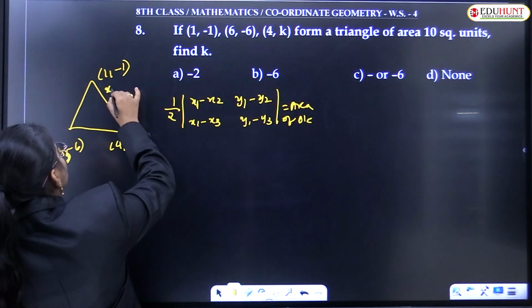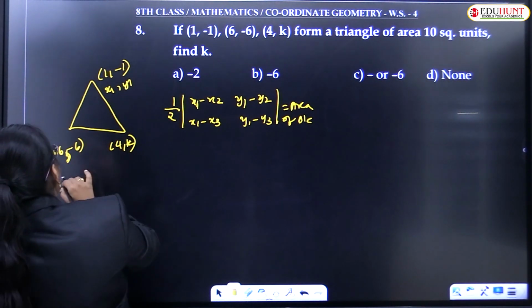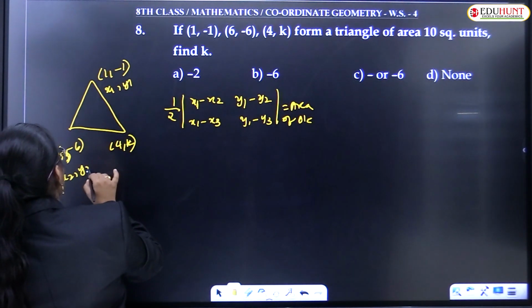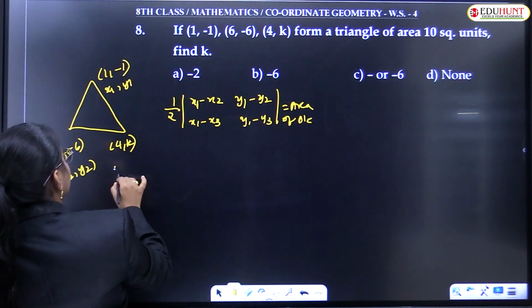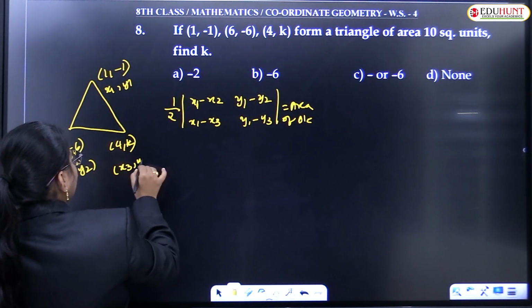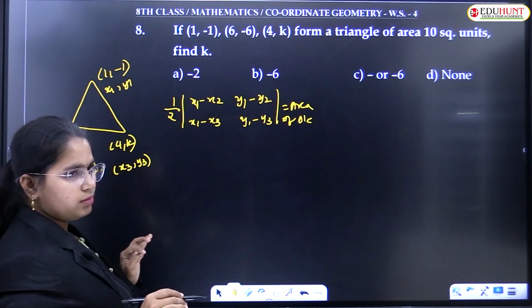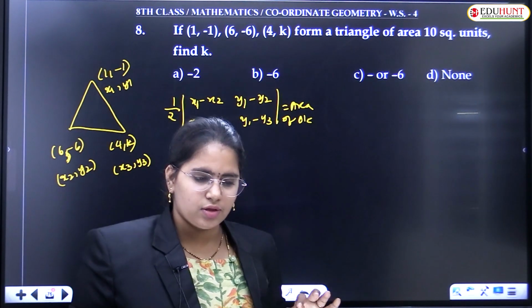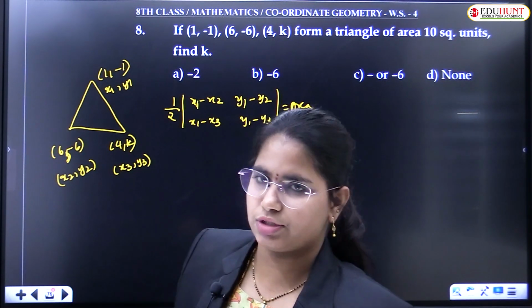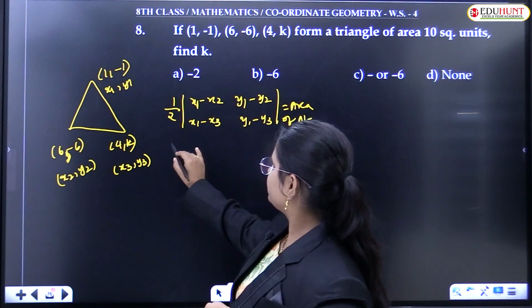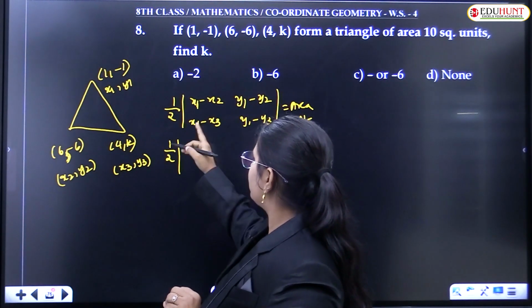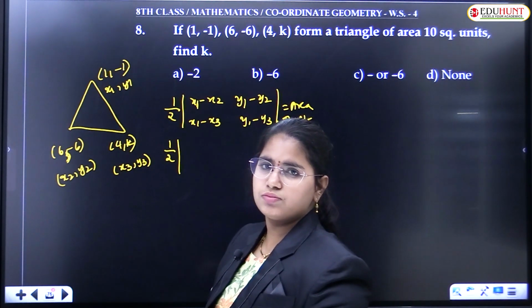Let this be x1 comma y1. Let this be x2 comma y2. Right? Let this be x3 comma y3. So what I am going to do from this question? See, half, what is x1 minus x2?